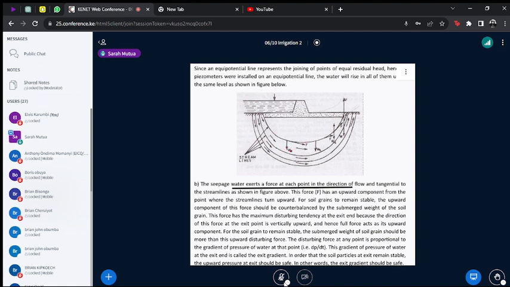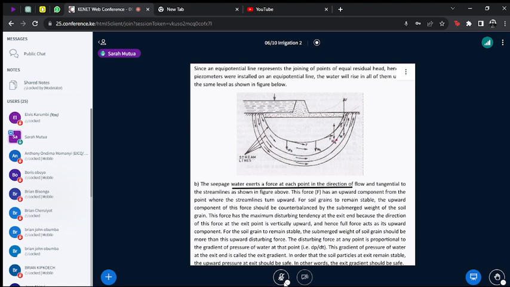Then the particle is not going to be eroded. So these two forces have to counterbalance so that the particles can stay in place. You have to have an equilibrium, or rather, Ws should be greater than F at any given point.